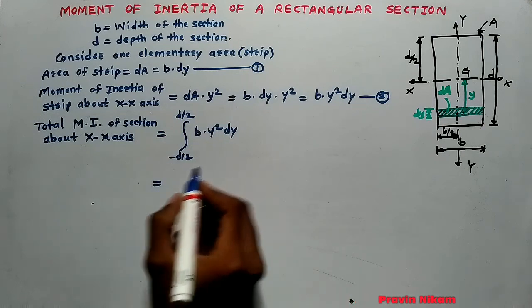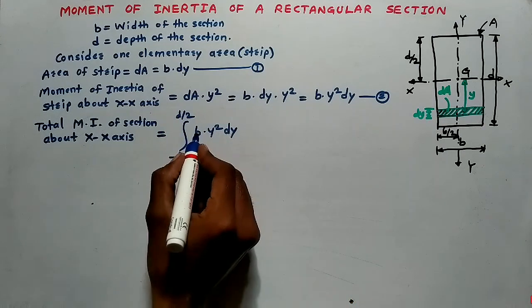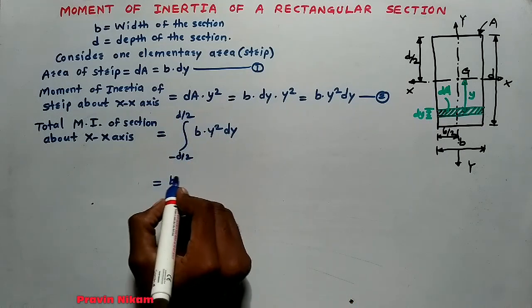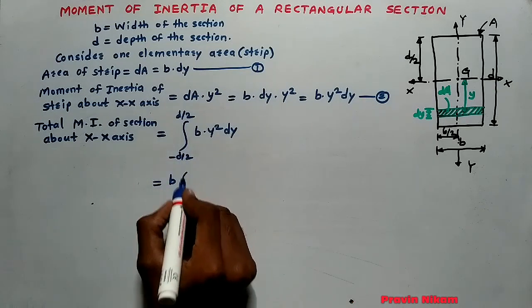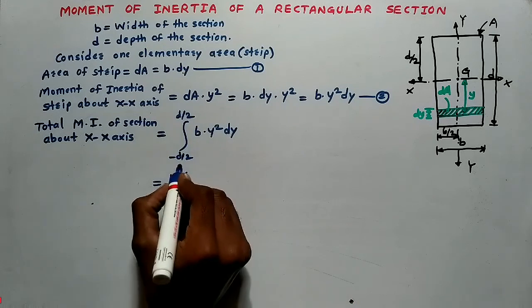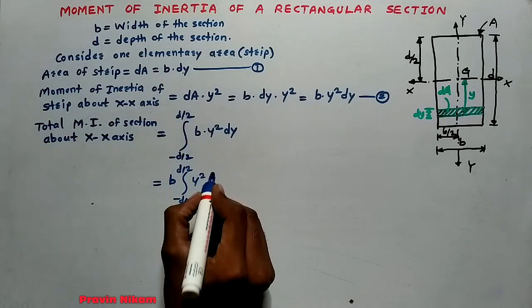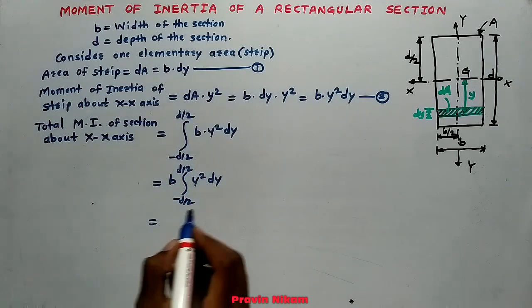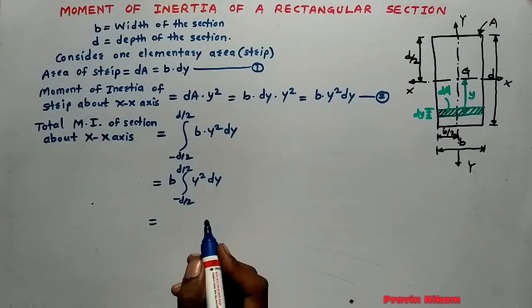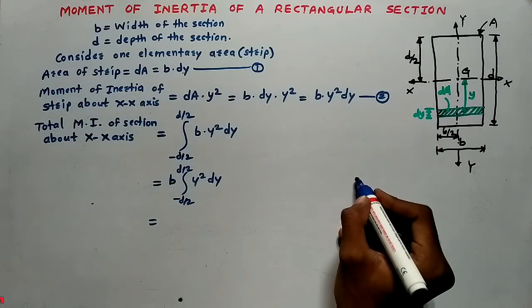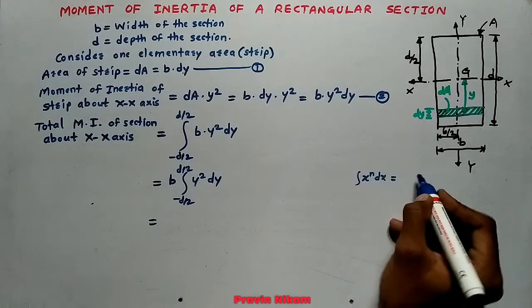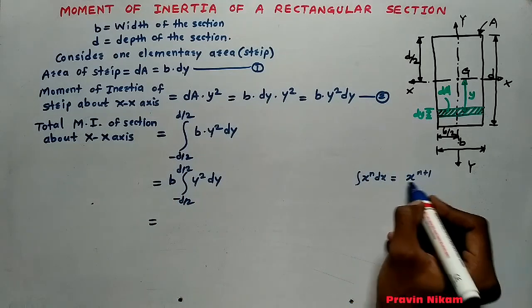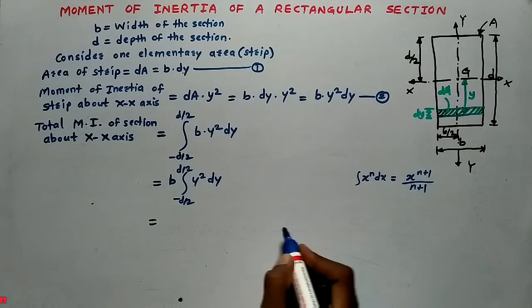So it is equal to, b is constant, so it comes outside the integration, integral from minus d by 2 to d by 2 of y square dy. We know the formula of integration: integral of x raised to n dx is equal to x raised to n plus 1 divided by n plus 1.